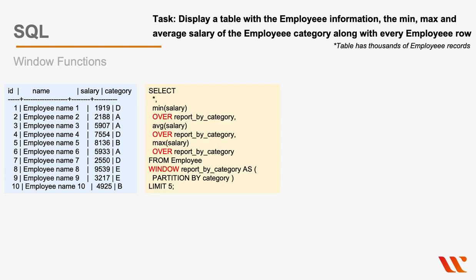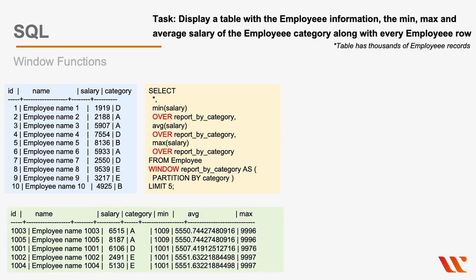So the solution for this SQL query is going to be select star, min salary over report by category, average salary over report by category, max salary over report by category from the employee table, window report by category as partition by category, and then we limit to 5 rows.